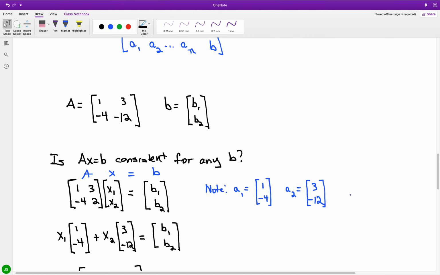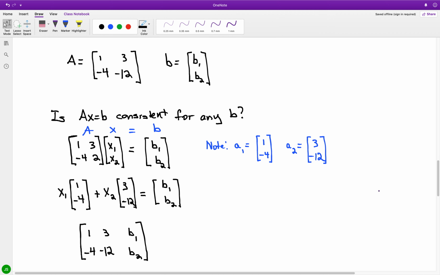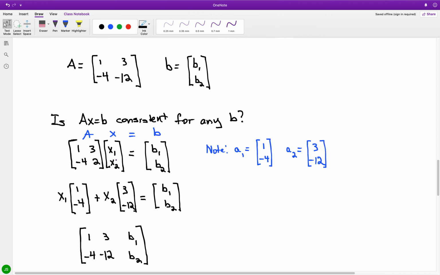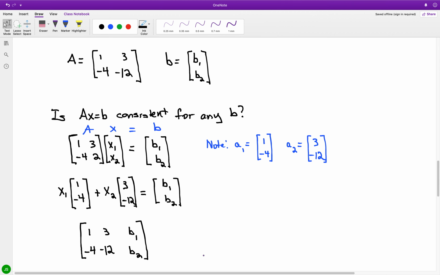Second column we have a2 equal to 3, -12. Applying the matrix equation, we have x1 times the first column, x2 times the second vector a2, equal to b, which we have as b1, b2. Expressing this as an augmented matrix, you have 1, -4, 3, -12, and b1, b2.